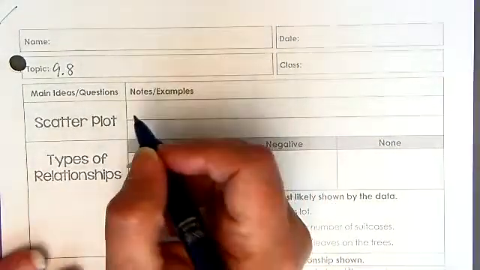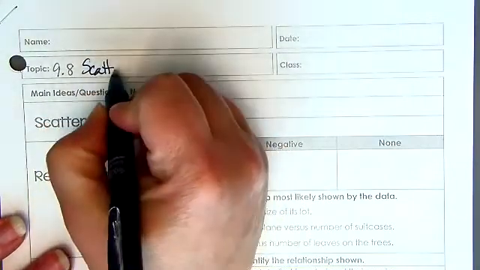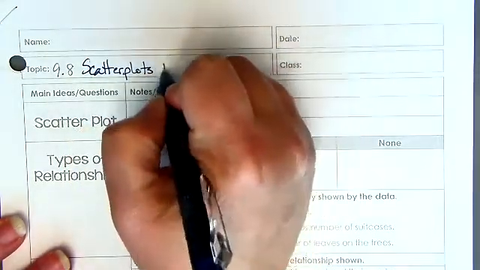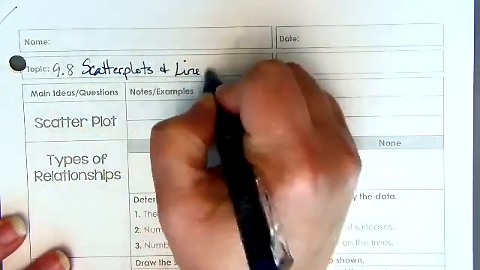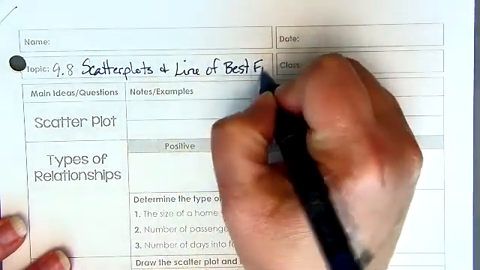Okay, so today we're doing scatter plots, 9-8 scatter plots and line of best fit.